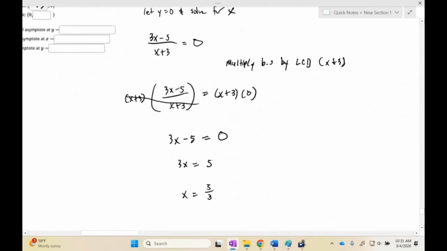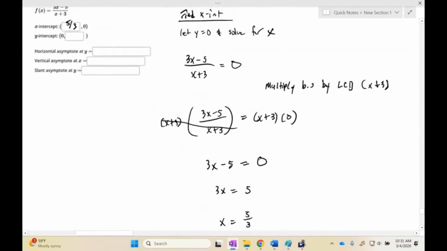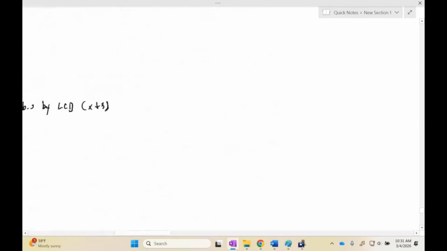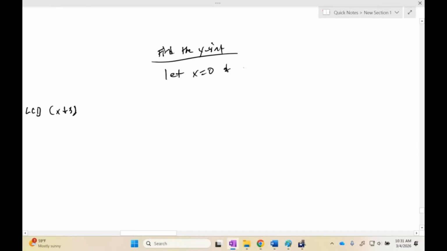All right, now we're asked to find the y-intercept. We're going to let x equal 0 and solve for y.